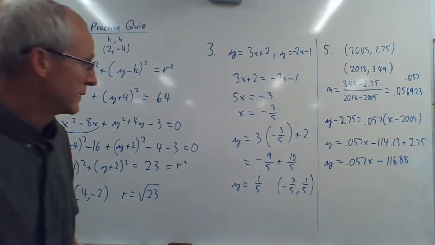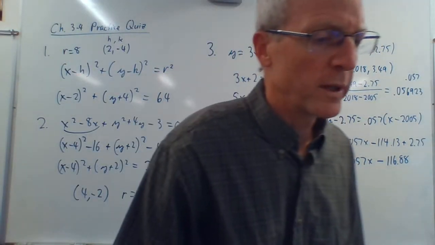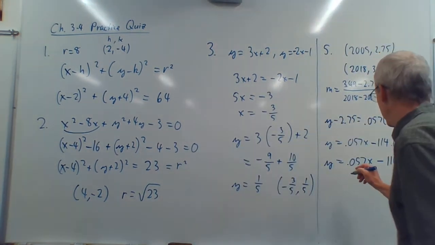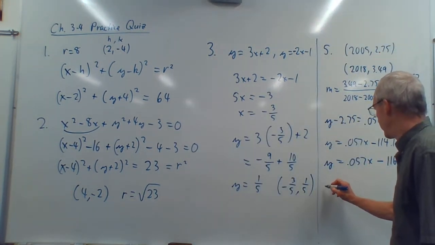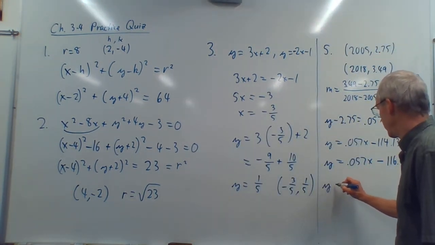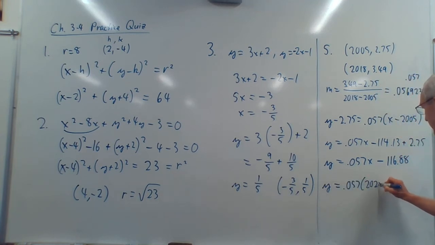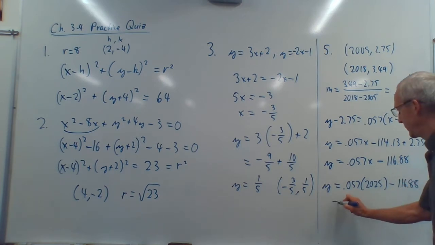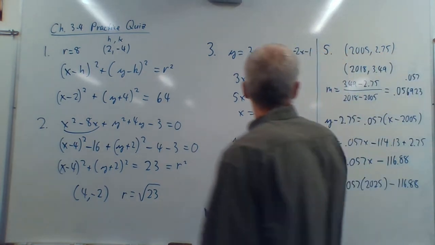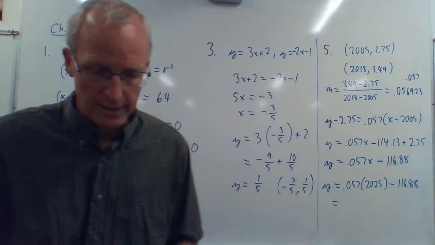Now let's plug in. What do we want to know? We want to plug in what it is in 2025. So x is 2025. So in 2025, it's 0.057 times 2025 minus 116.88. And we know it better be bigger than 3.49 because the price is going up.